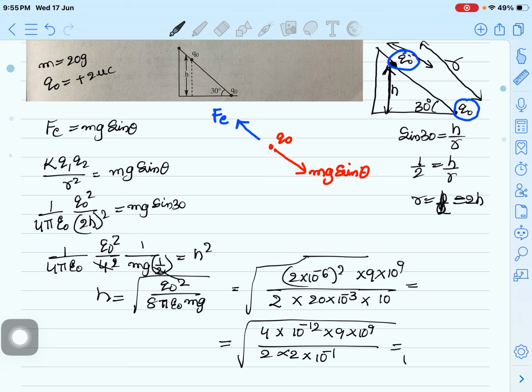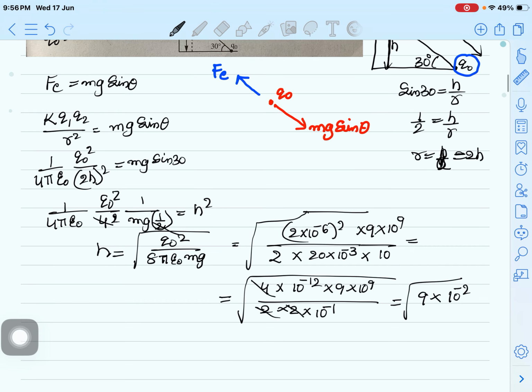The 4s cancel, so we have 9 into 10 power minus 2. Under root, 9 is 3 and 10 power minus 2 becomes 10 power minus 1.